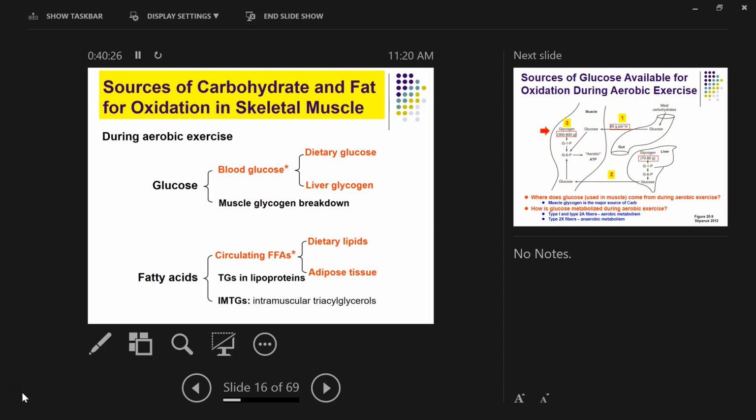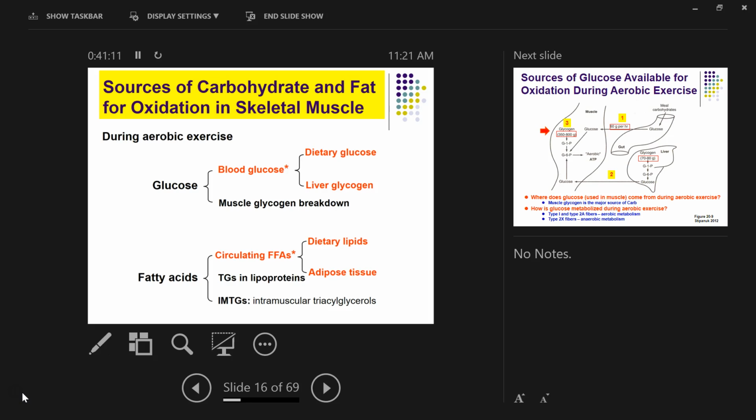And glucose can come from blood glucose, which can come from the diet, and also from liver glycogen breakdown. The other important source is muscle glycogen breakdown. And fatty acids can include circulating fatty acids, from either the diet or released from adipose tissue, and triglyceride in the VLDL, and also intramuscular triglyceride.